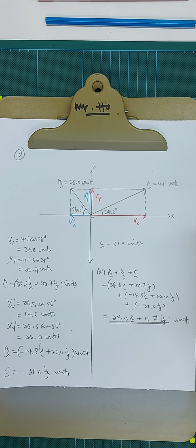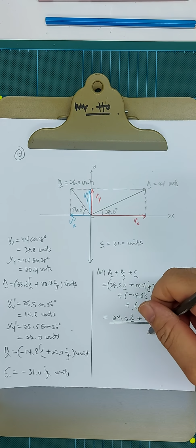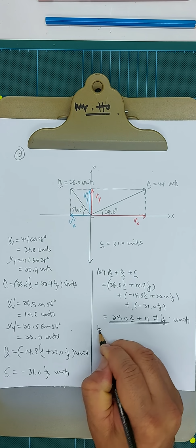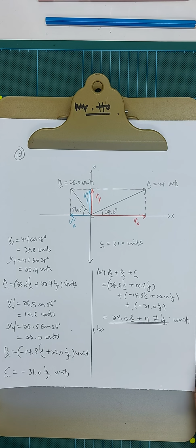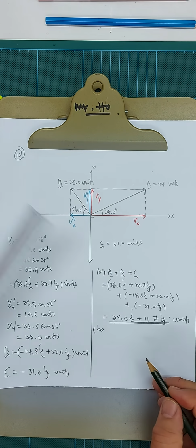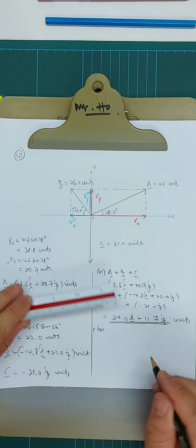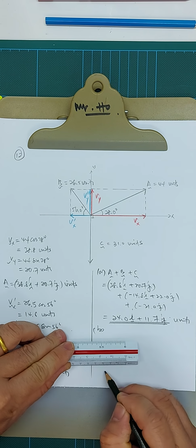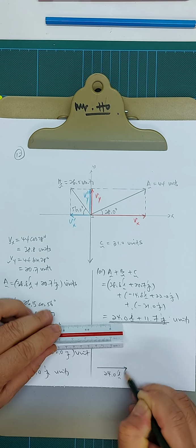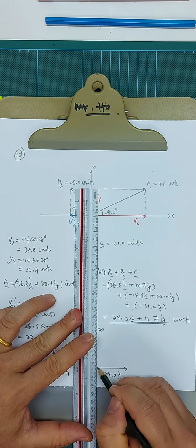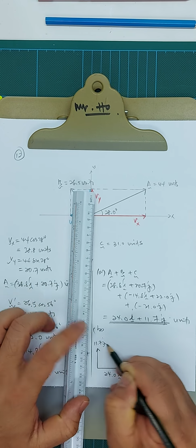So this is the answer in the component method. Next, we're going to change this into magnitude and direction, like we did before. We can draw this vector: we have 24i and 11.7j.